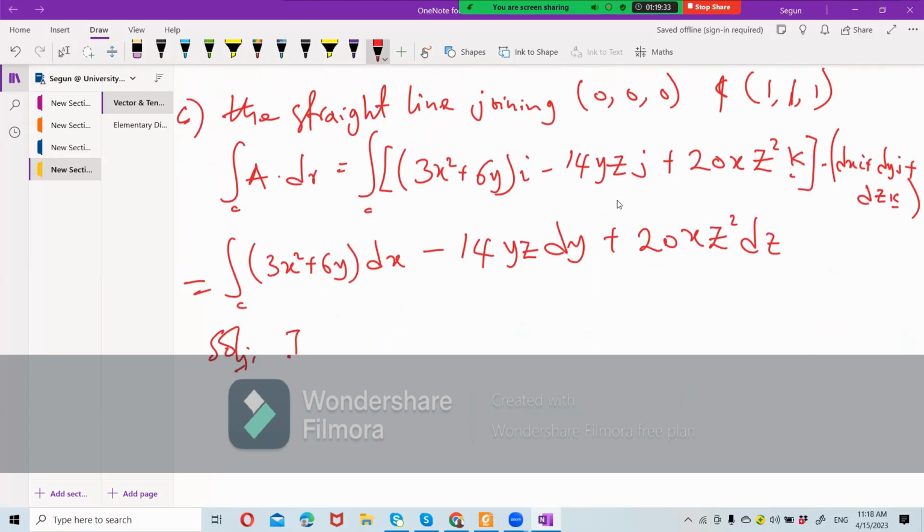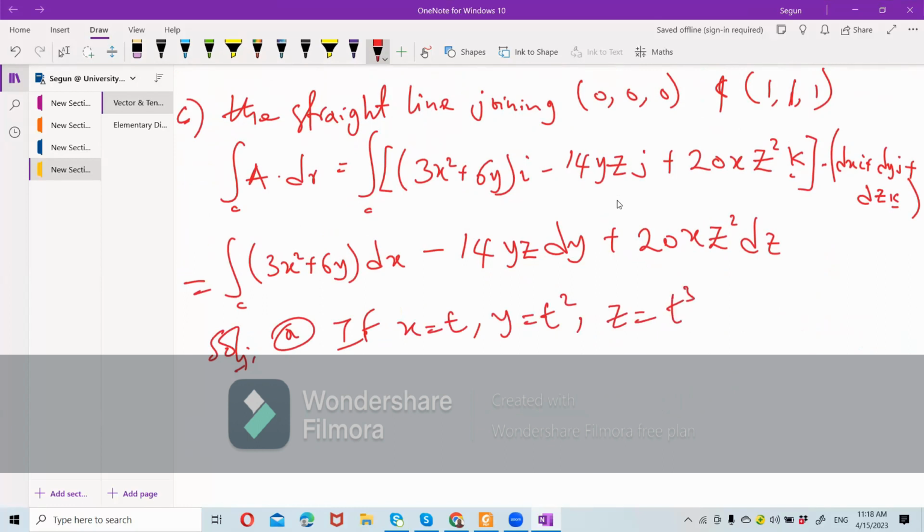Let's solve for A. Remember, A said x equals t, y equals t squared, z equals t cubed.